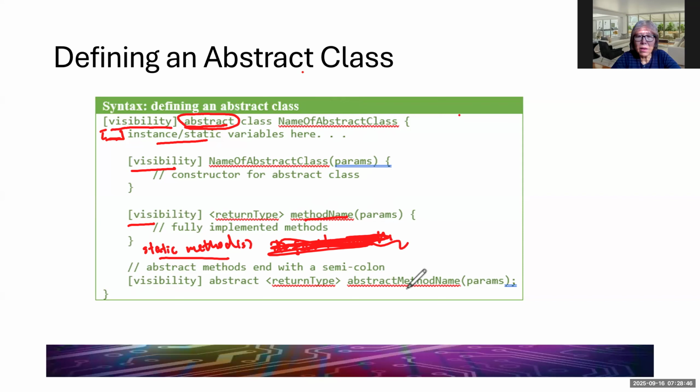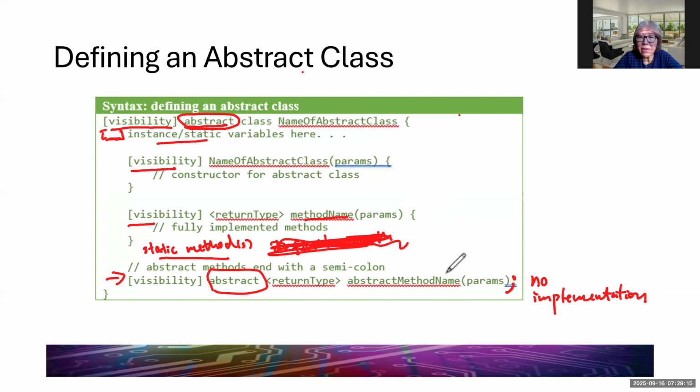And let's take a look at the last line in the syntax. For this method, we have the semicolon, so no implementation here. It doesn't have the curly brackets block, no method body block. And it also has a keyword called abstract.